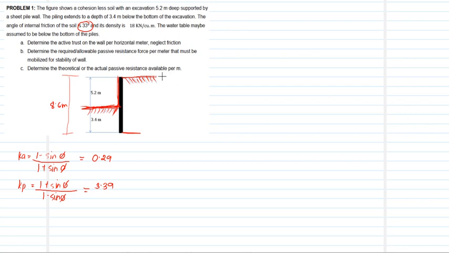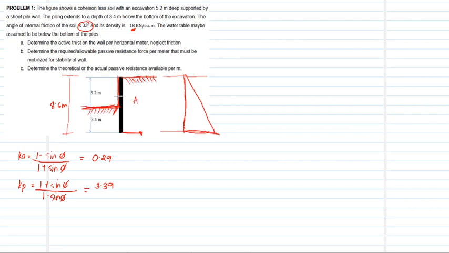Okay? So, next, we have to draw our pressure distribution diagram. So, ito. So, yung soil natin, meron siyang 18. So, yung active force natin, andito yung water table natin at the bottom. So, ganyan yung magiging distribution natin kasi wala tayong water table dito.